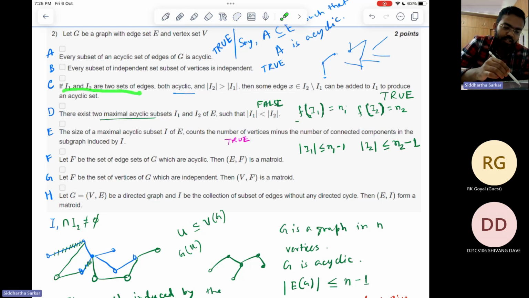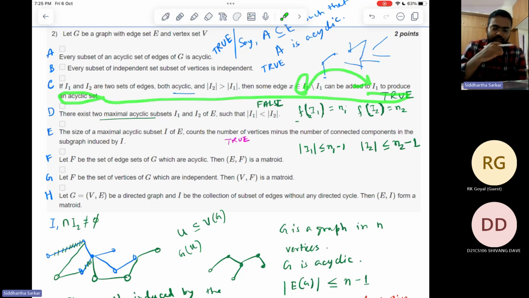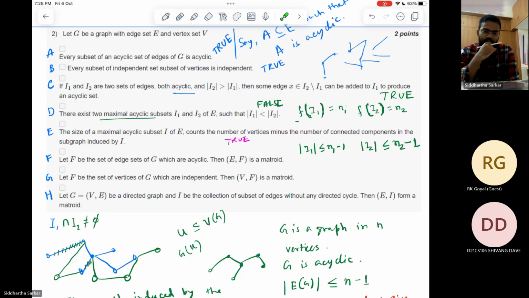So here we have said that if there are two sets of acyclic edges, one strictly bigger than the other, then we can exchange an element from I2 to I1. That means we can pick an element from I2 and give it to I1 such that the resulting set is also acyclic. That we have proved, and because of this statement the exchange property is satisfied.